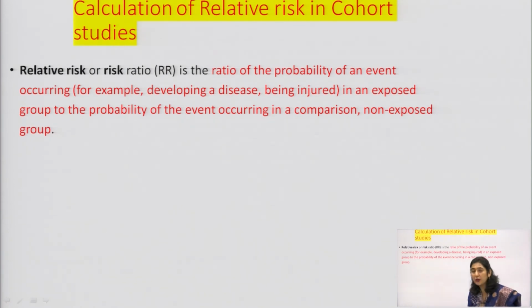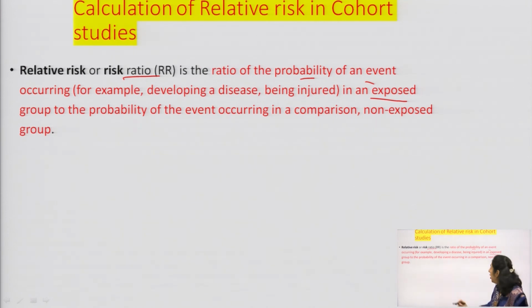Now coming to the calculation of relative risk in cohort studies, a simple relative risk ratio is calculated. What is this? It's a ratio of the probability of an event occurring, that is developing a disease or being injured, in an exposed group to the probability of the event occurring in the comparison non-exposed group.